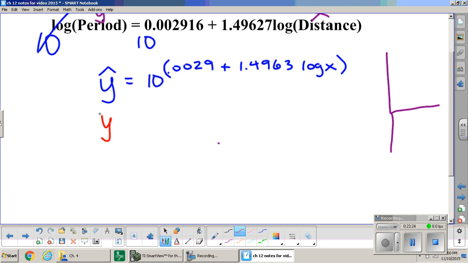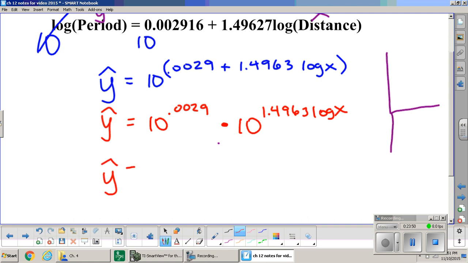Split these now. We have y hat equals 10 to the 0.0029 times, remember, to split this addition, they go together with multiplication. So times 10 raised to the 1.4963 log x. Alrighty, almost done. 10 to the 0.0029 times.